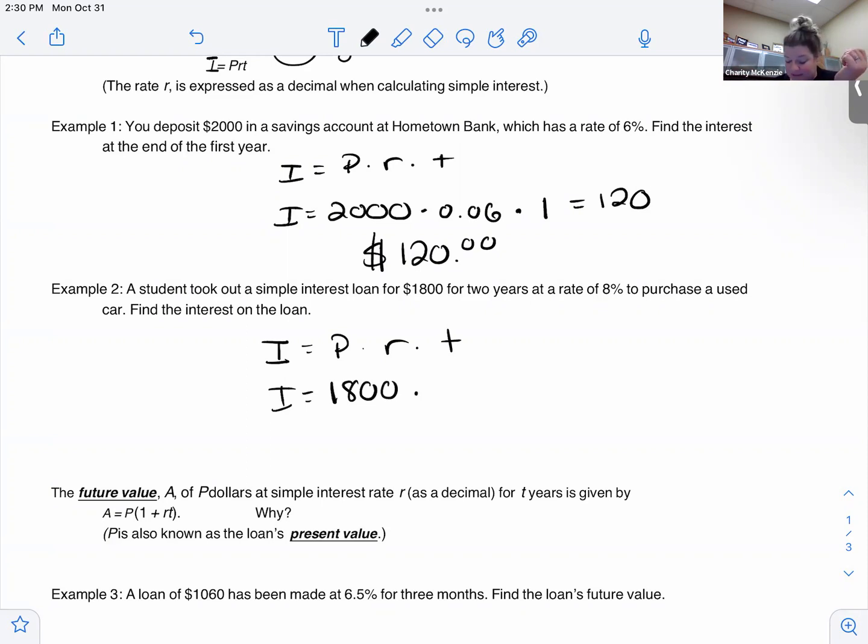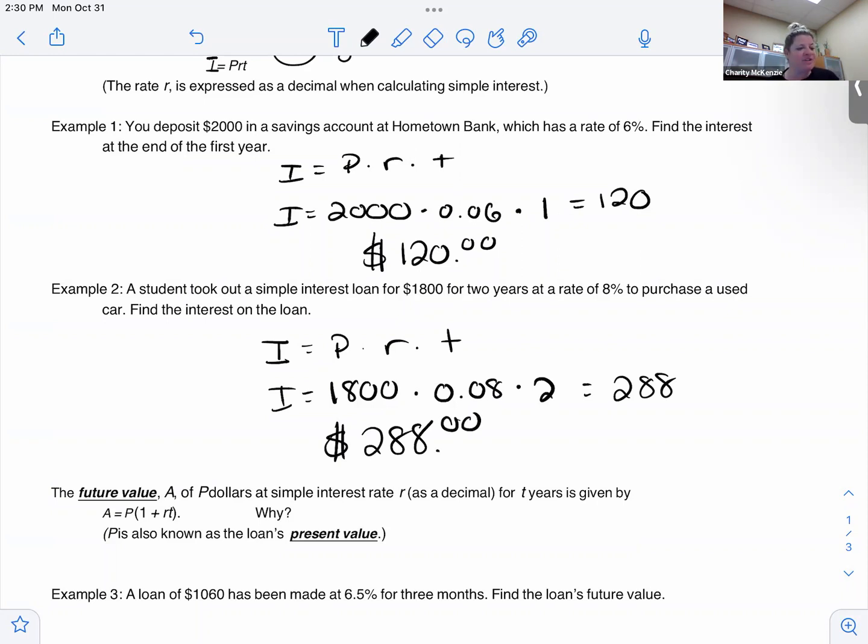Our rate is 8%, so 0.08, move it 2 places. And how many years? 2. Okay, so we get out our calculator, 1,800 times 0.08 times 2. I get $288. So our interest, or what we pay back, is $288.